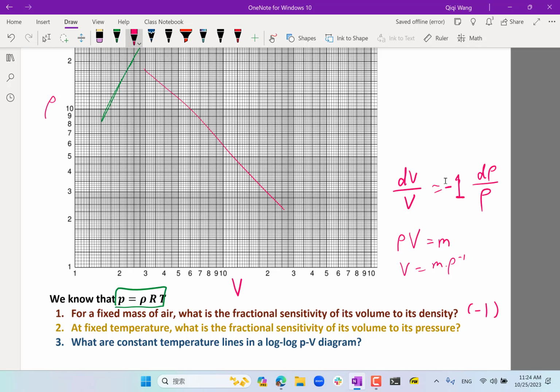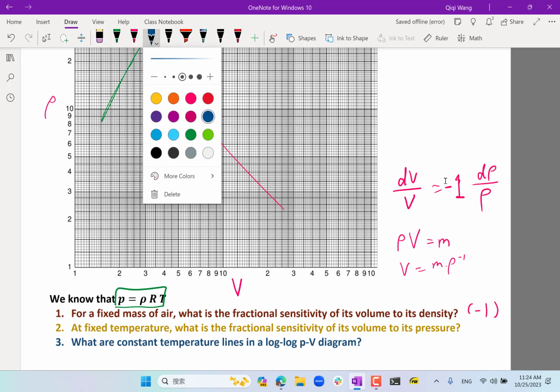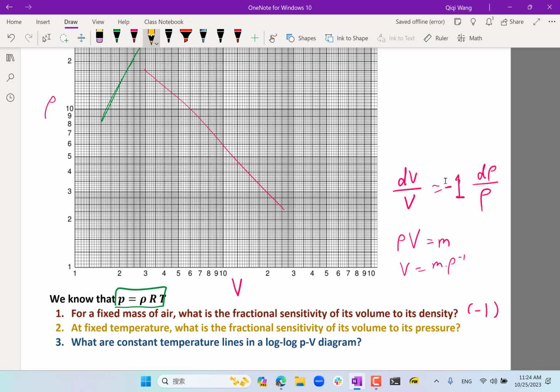Okay. And the next question is: at a fixed temperature, what is the fractional sensitivity of its volume to its pressure? We're still thinking about the fixed mass of air.